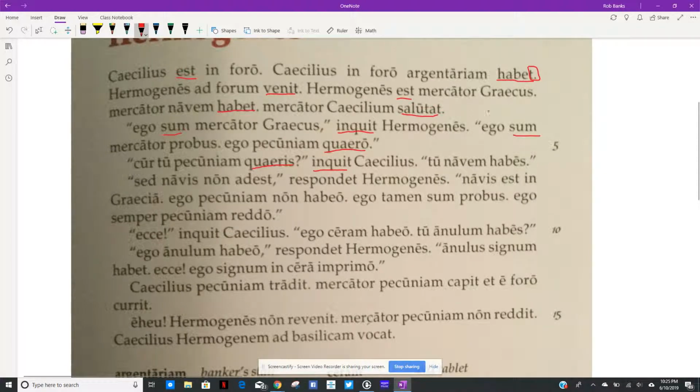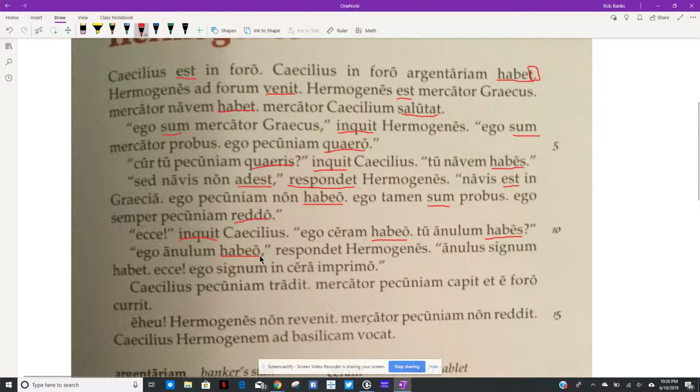Tu noam habes. Se novus non adest. Respondet Hermogenes. Navis est in Graecia. Ego pecunium non habeo. Ego tamen sum. Probus ego semper pecuniam redo. Ecce. Inquit Caecilius. Ego carum habeo. Tu anlum habes, ego anlum habeo.